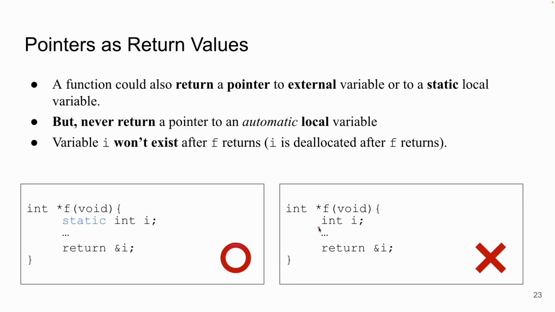So if you have a local variable like this, please don't return the address of the local variable. The reason is that, if you still remember, a local variable has automatic storage duration. So when the function ends, this variable will not exist anymore. So if the variable the pointer is pointing to does not exist anymore, then there's no point in remembering the address of a variable that doesn't exist, right?